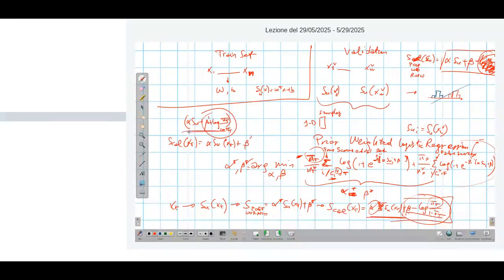If you train a model where the score here is already the score plus the prior log odds of the training set, then the beta prime that you will estimate contains the original beta minus the log odds. Because once you train the model, the beta star will be equal to beta prime star plus the log odds. So beta prime star will be beta star minus the log odds.